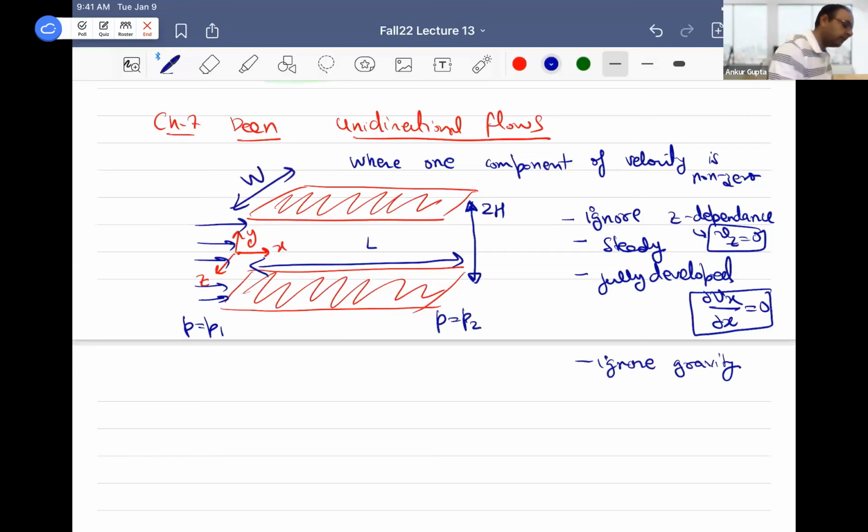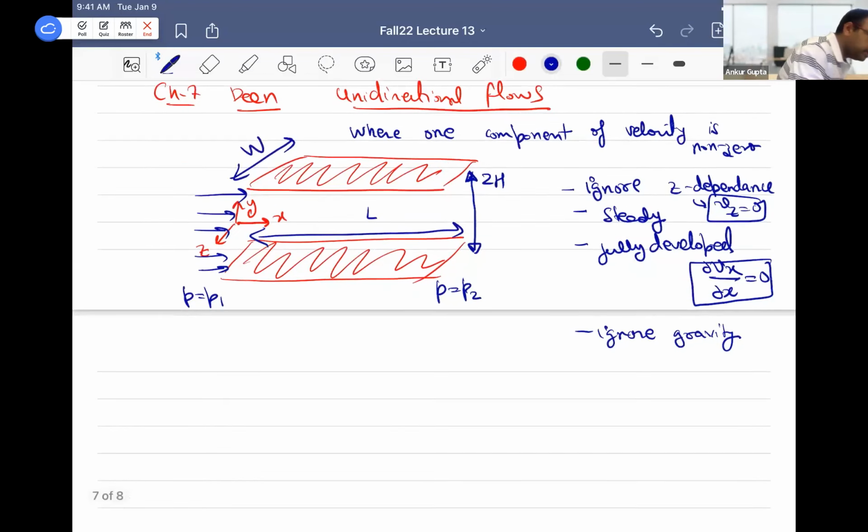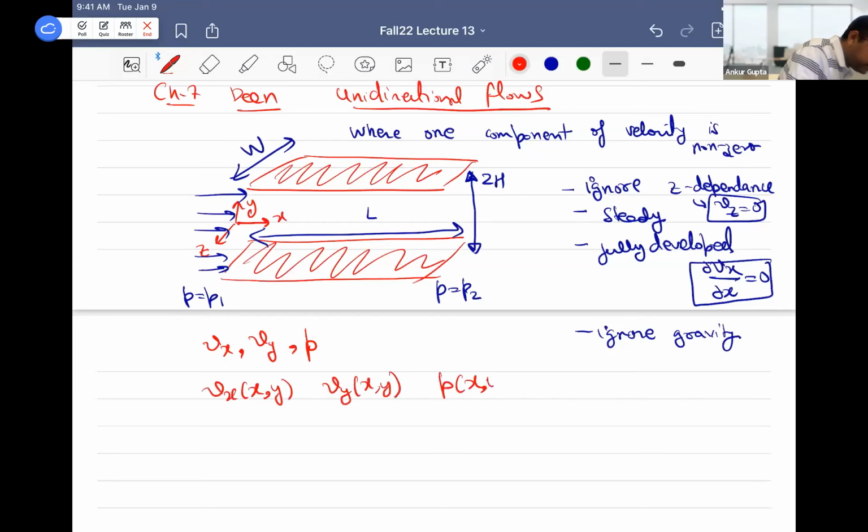What we really want to find is, now I have 3 variables: Vx, Vy, and P. Vx can depend on x and y, Vy can depend on x and y, and P can depend on x and y. They cannot depend on time because it's steady. These are my variables.